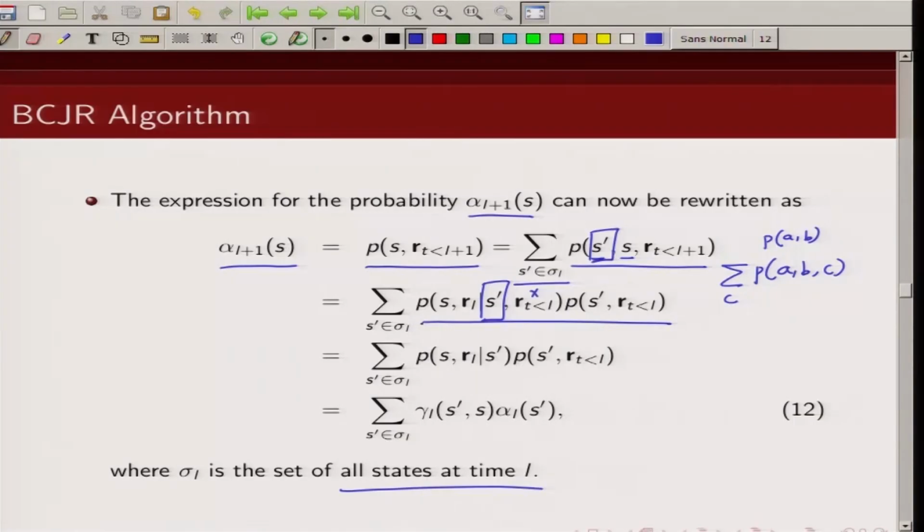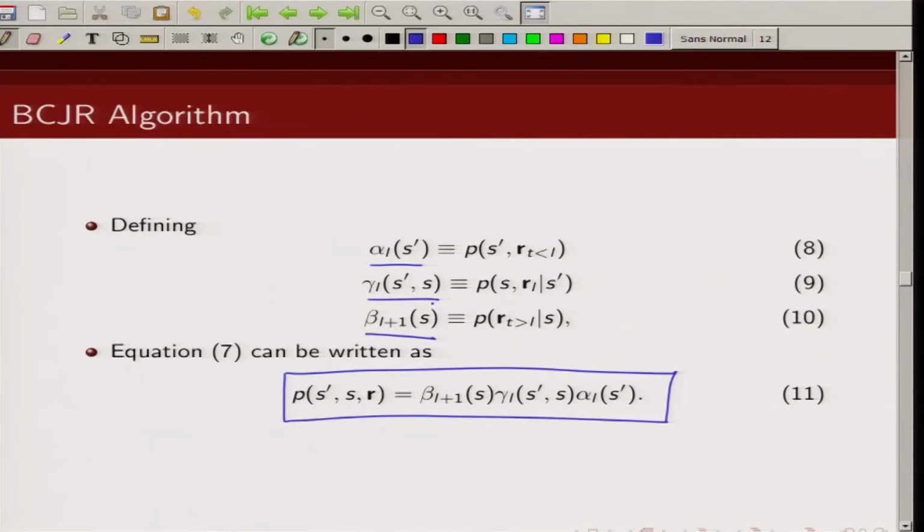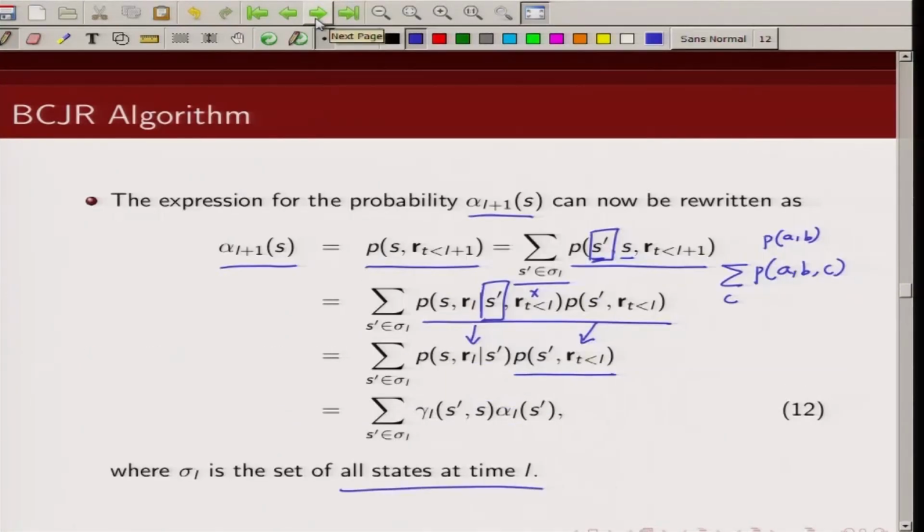So, this probability can be simplified to this probability. Now, what is this term? This term is by definition our alpha, and the next term is our gamma.